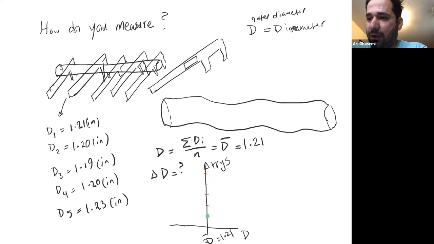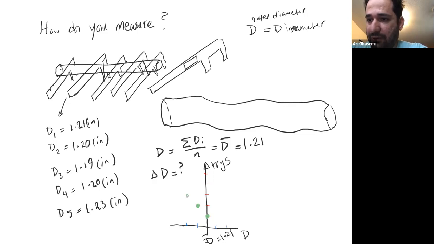Now, if I want to plot D2, then I go to the next try, and it's a little bit less than that. This is my D2 because it's 1.20. We can put another label. So this is 1.20, 21, 22, 23, and this is 1.19 right here. So now the third measurement is 1.19. It's right here.